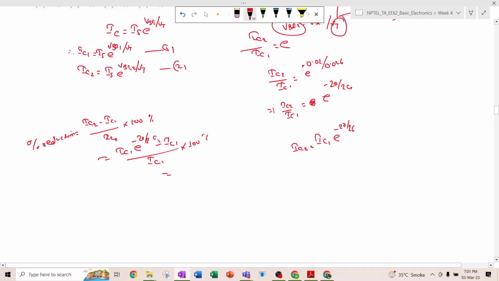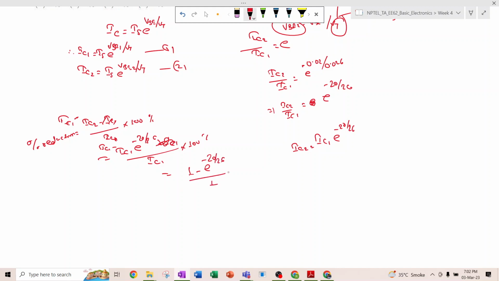Sorry, I have written it another way. Percentage reduction means IC1 should be greater, so IC1 minus IC2 divided by IC1, that means 1 minus e to the power minus 20 by 26, divided by 1, into 100%.